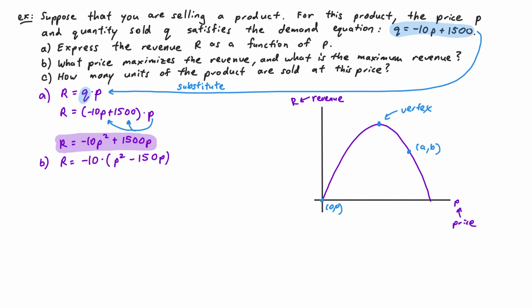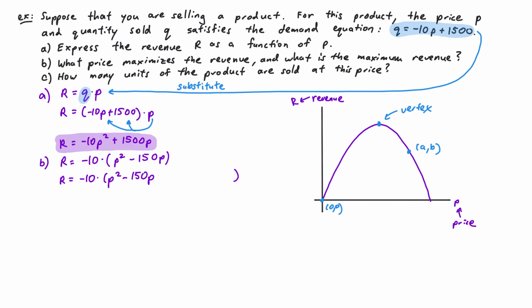Our next step is to complete the square. So let's rewrite our equation. We have r equals -10 times p squared minus 150p, and then we'll leave ourselves a little bit of space before we close the parentheses. Now remember, to complete the square, you want to look at this term here, the -150p. Specifically, take the -150, divide that by 2, and square the result.